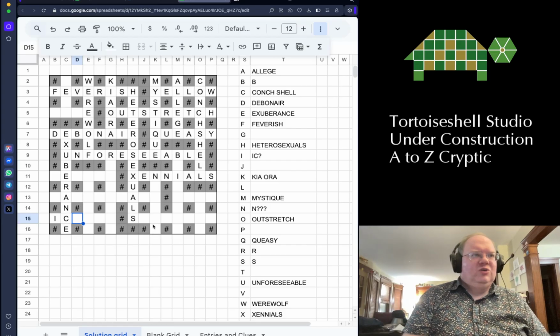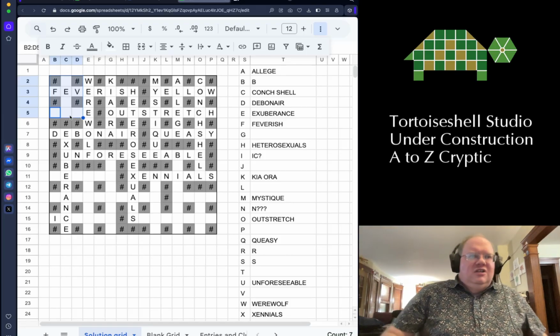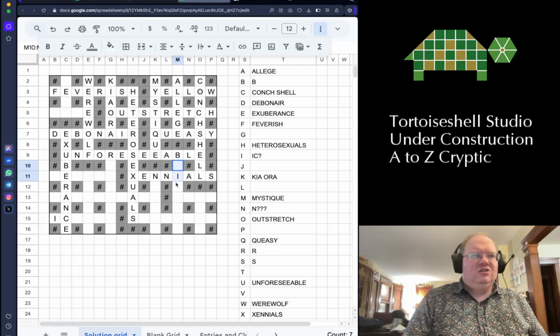So what do we still need to worry about? We still need to worry about J and V, probably the problem ones. We still have room to do some things.